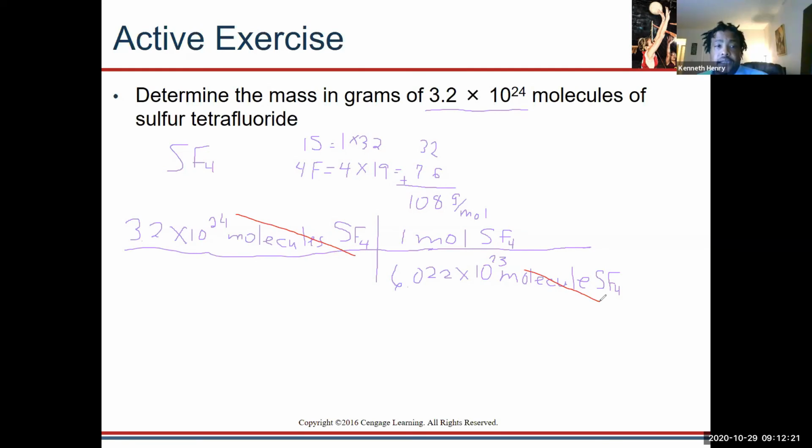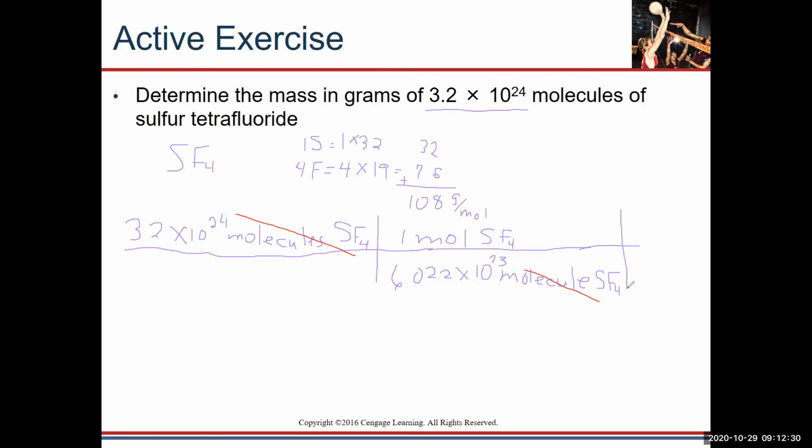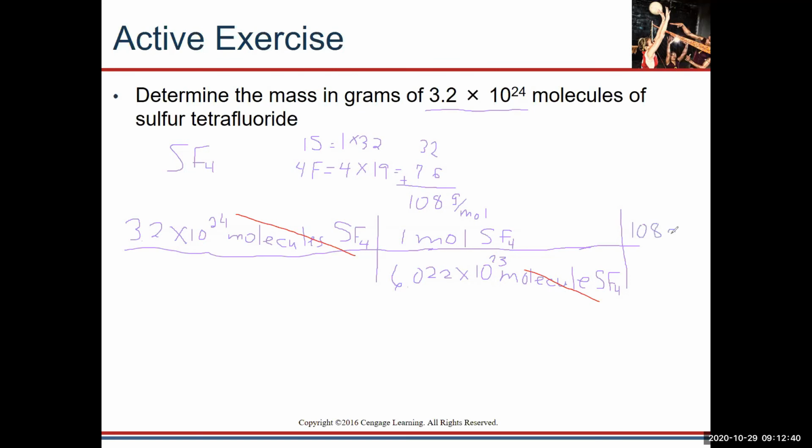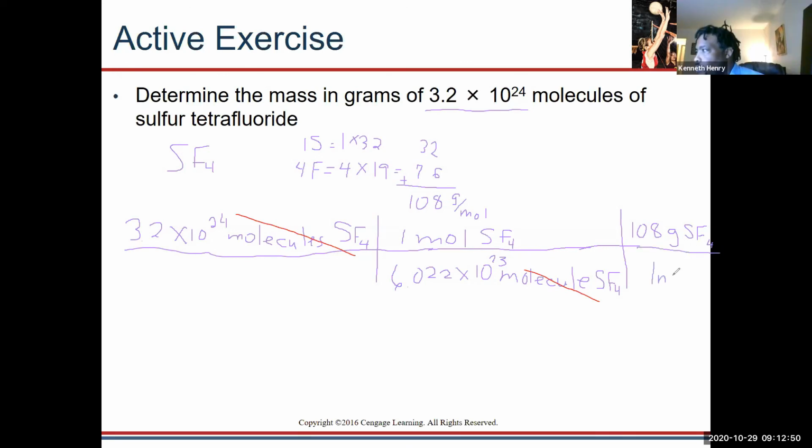So how do I get to mass? Plug in the rest. The 108, is that on top or on the bottom? On top, over 1 mole.